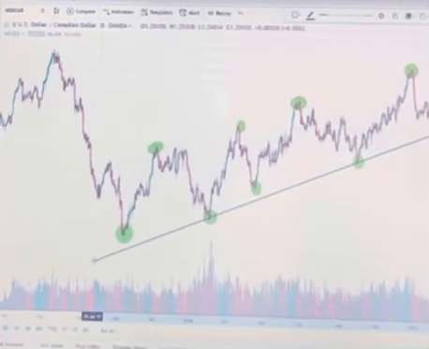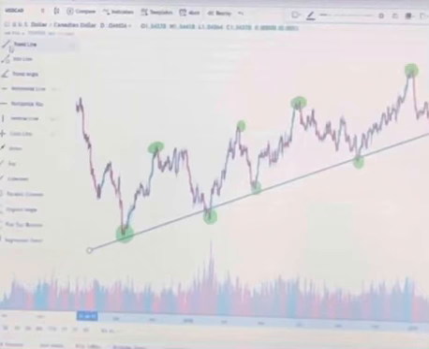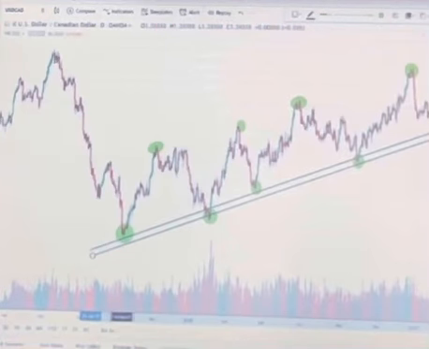And some people don't just draw one line, some people like drawing two lines, so they'll take one line here and another line to make a range, because usually it's a range. It's not a perfect science. They'll say this is the support level. But for simplicity's sake, let's just draw one trend line and leave it at that.